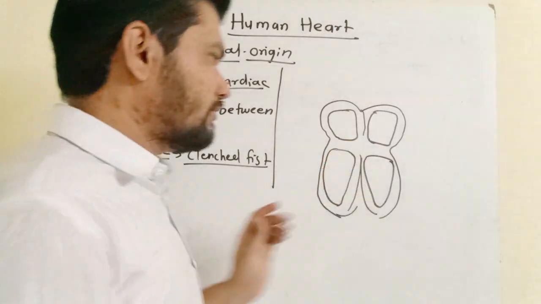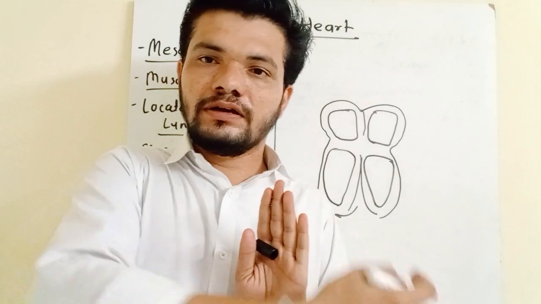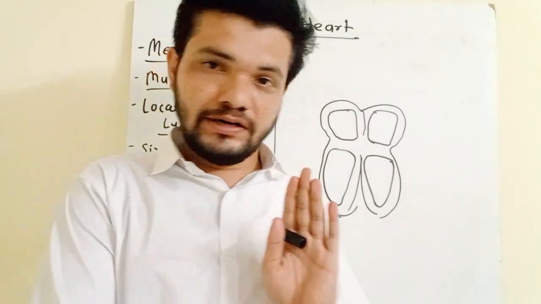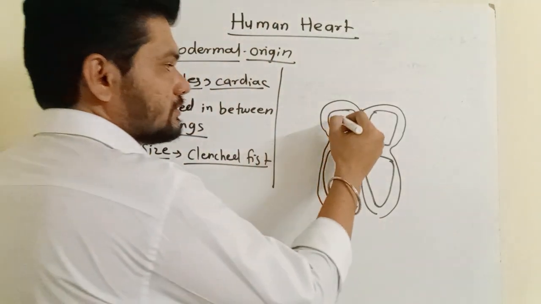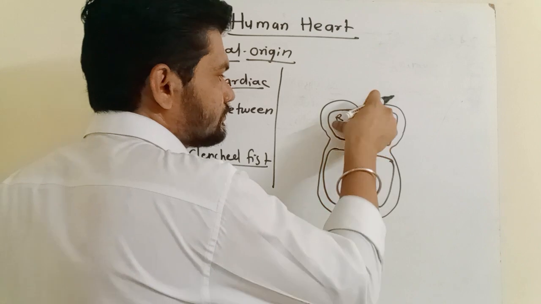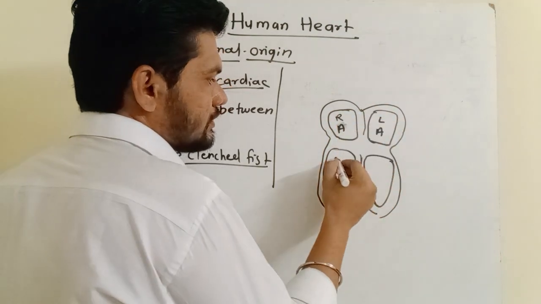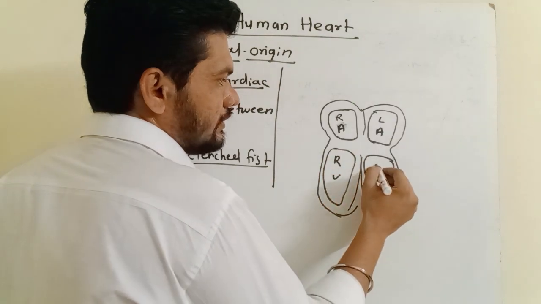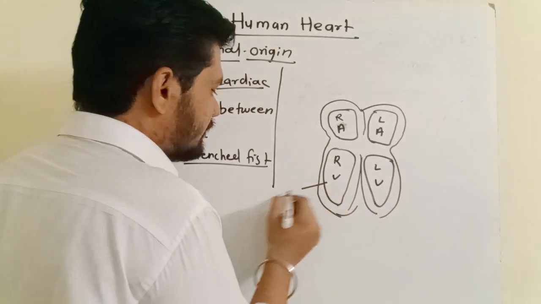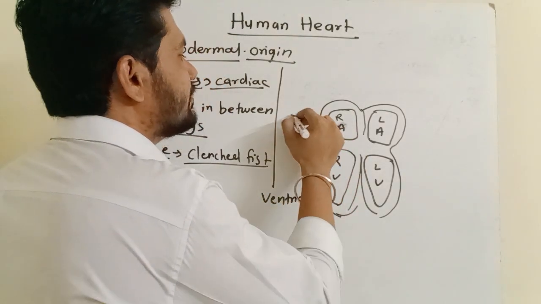So if I stand like this, this will be my right atrium, left atrium, right ventricle, left ventricle. So this is the right atrium. This is the left atrium. This is the right ventricle. This is the left ventricle.